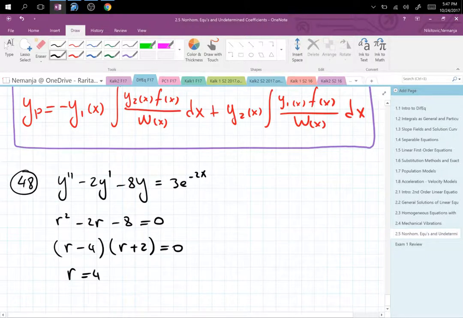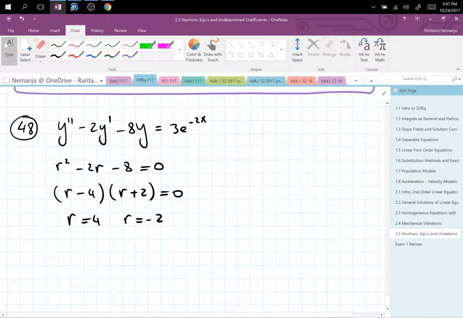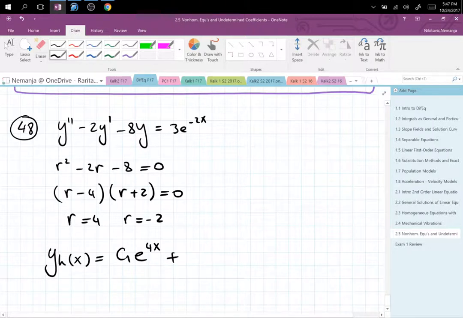Get r equals 4 and r equals negative 2, which gives us our homogeneous case. yh of x is equal to c1 e to the 4x plus c2 e to the negative 2x.